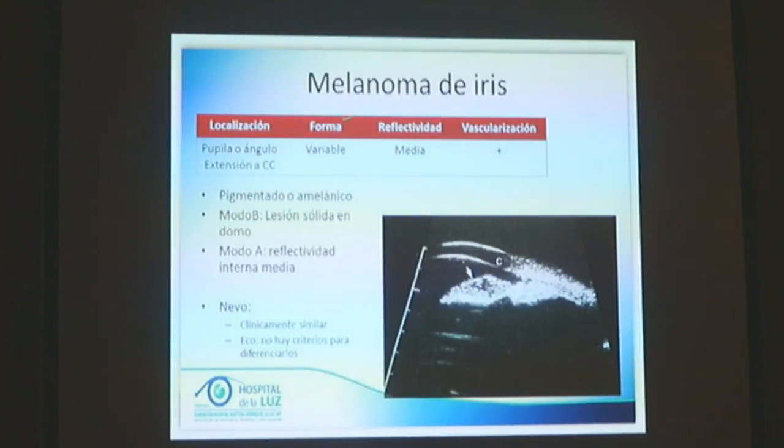Pero hablando un poquito, los melanomas de iris son lesiones que se encuentran a nivel de la pupila o el ángulo. Tienen forma variable, por lo general irregular a nivel del estroma iridiano, y la reflectividad tiende a ser media y presentan vascularización. Por lo general son pigmentadas.